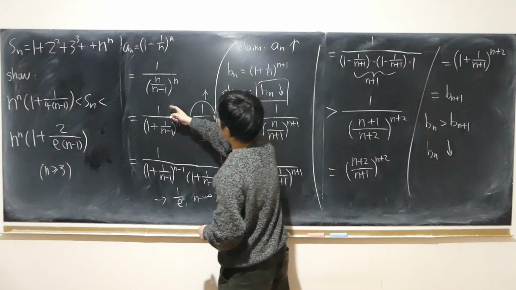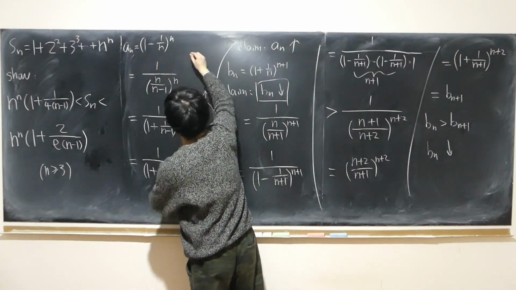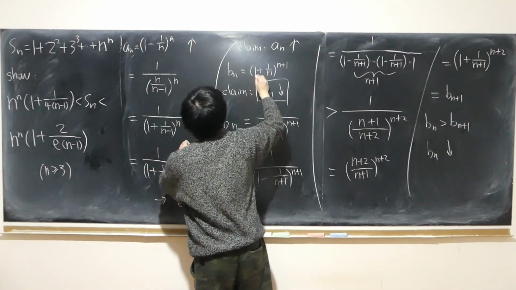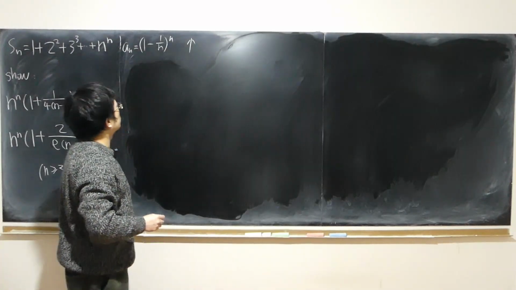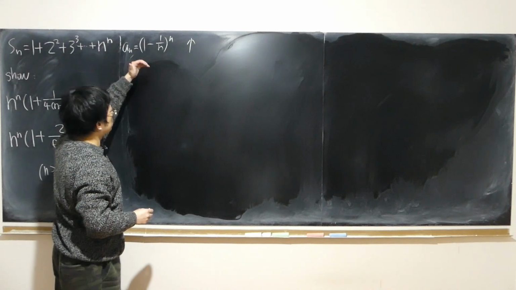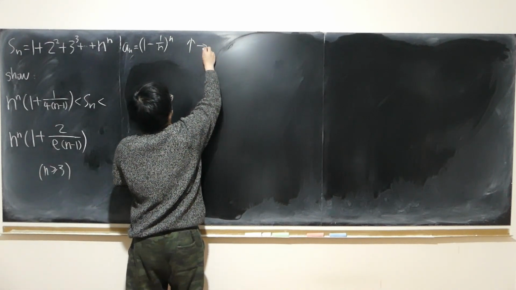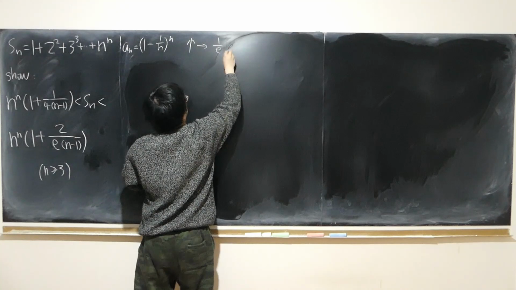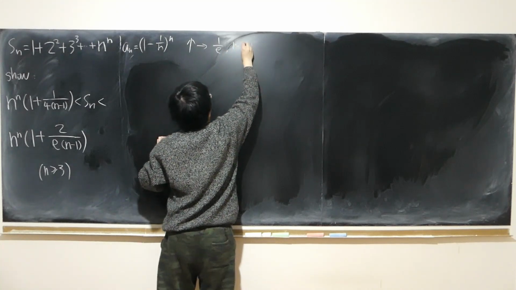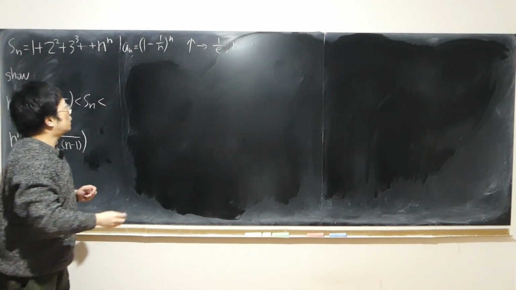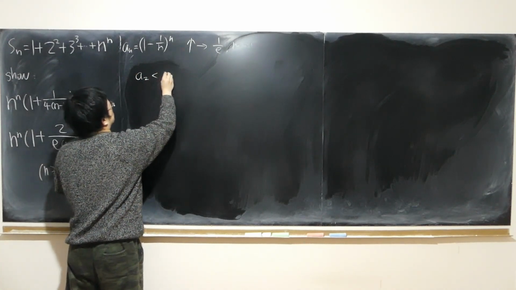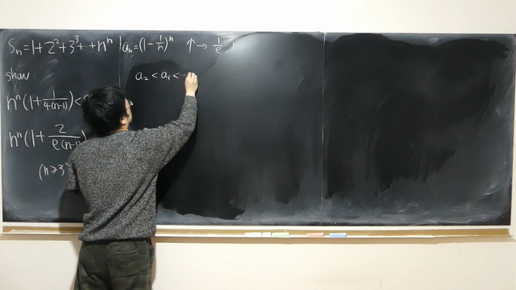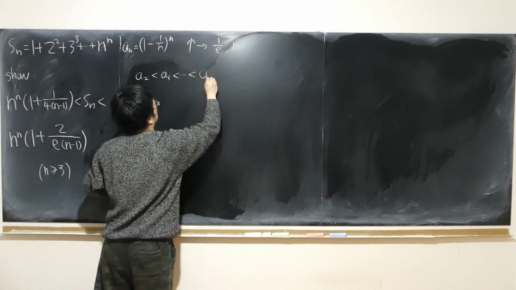In other words, an is really increasing. So far, we've shown that this sequence is increasingly approaching 1 over e. So that means a2 is less than a3, all the way less than an.